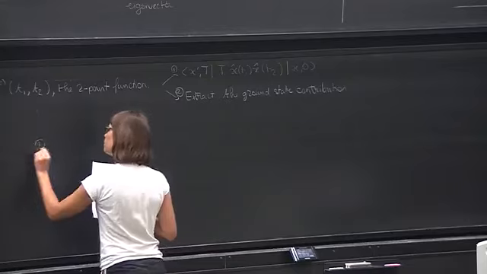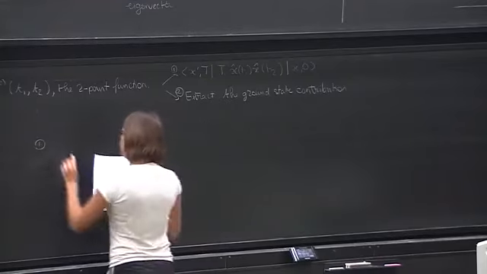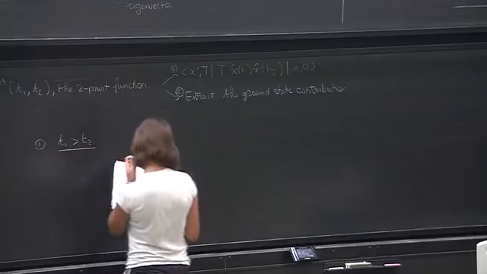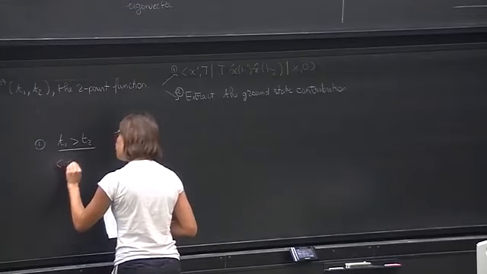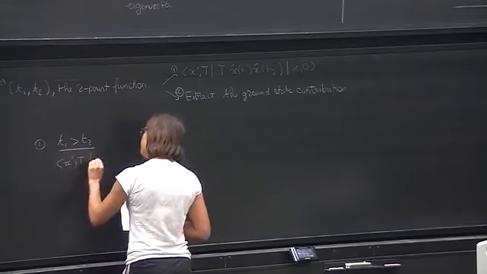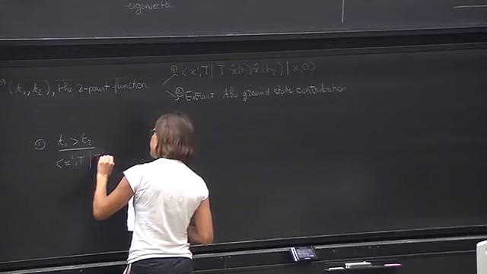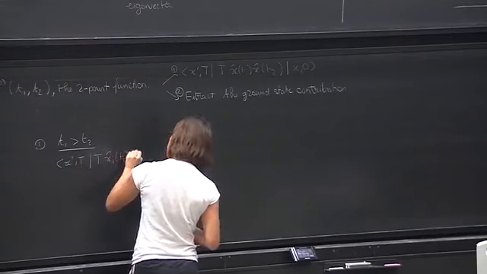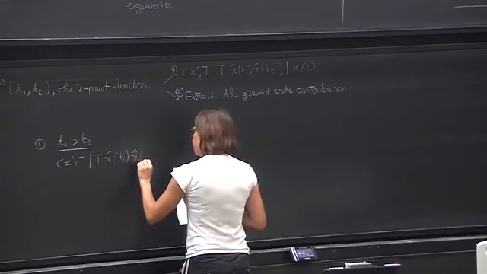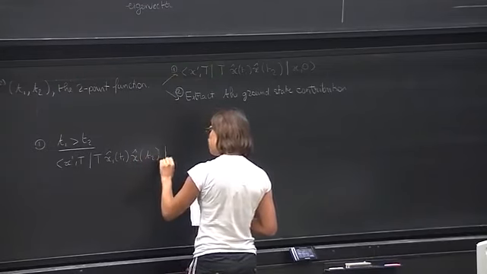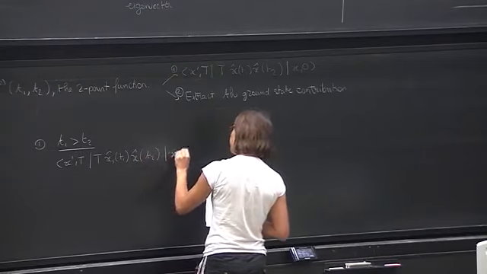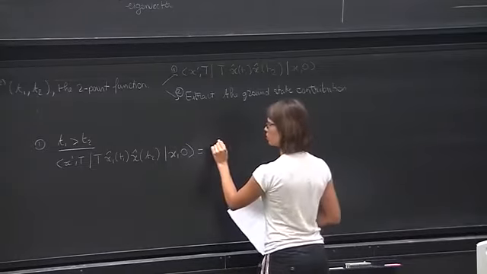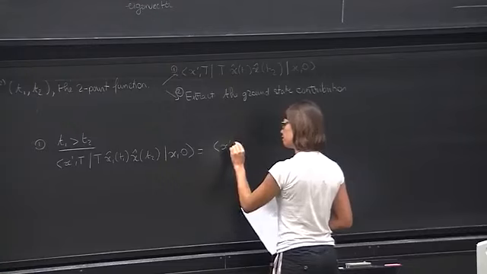Okay, so let's first focus on this, and let's first suppose that t1 is greater than t2, okay? So this means that if I look at this, what do I get? Between x0, so t1 is greater than t2, so how can I rewrite this?